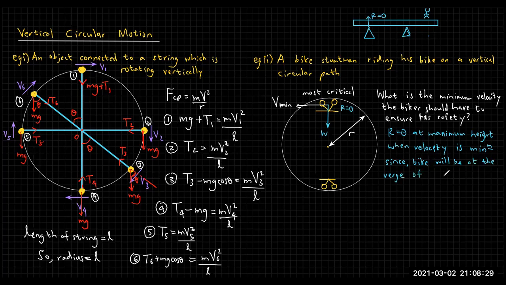That is how you have to do this question. Because if you put an R value, then you can't definitely find the answer. So you have to put R as 0.